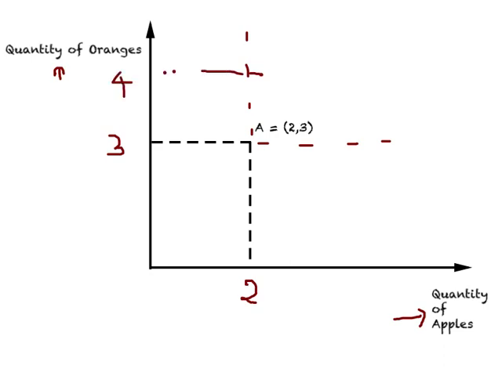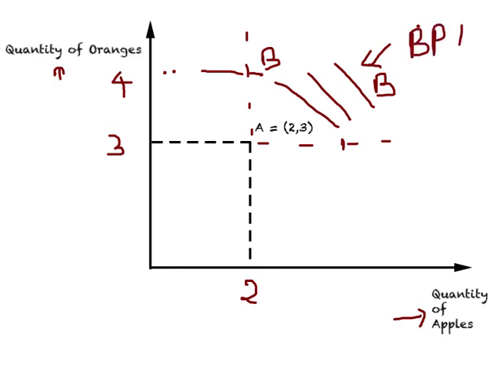We have 4 oranges and 2 apples, and we know B must be preferred over A. Similarly, if we had a commodity bundle here, again that commodity bundle will be preferred over A. Or in general, if we are anywhere in this quadrant and we have any commodity bundle like B, any commodity bundle in this particular quadrant must be preferred over A.